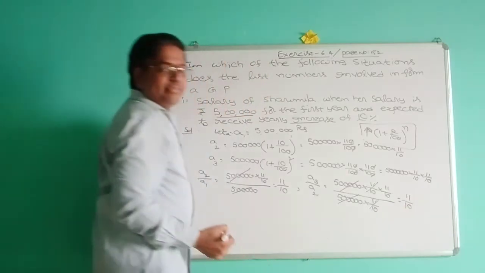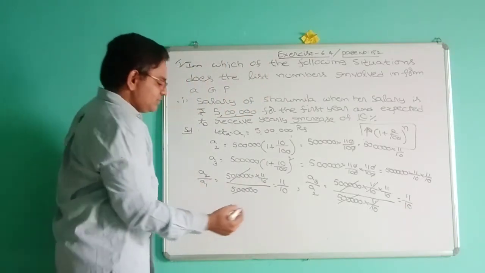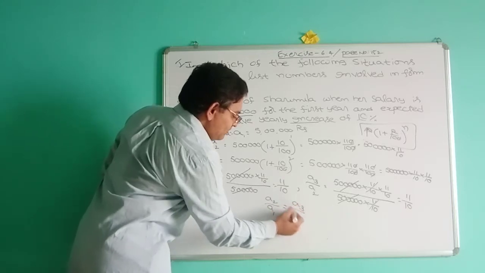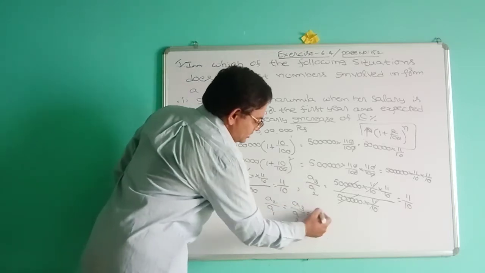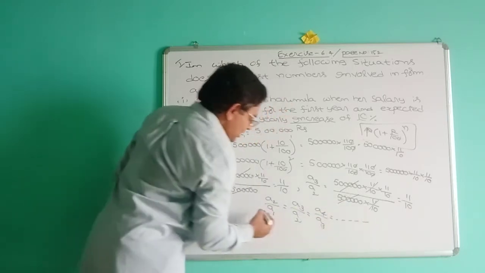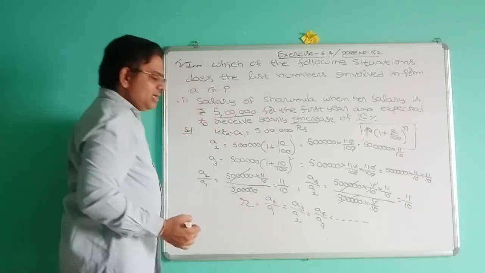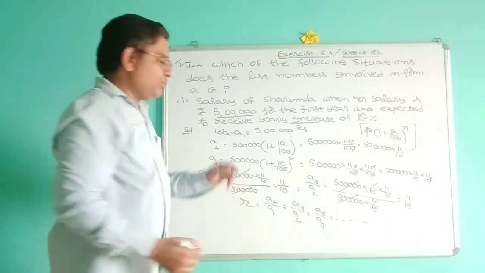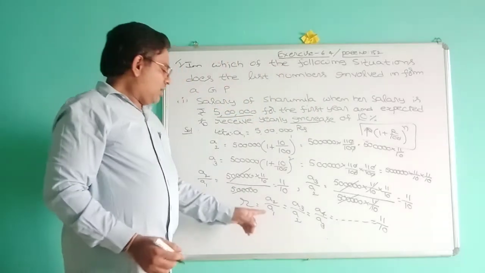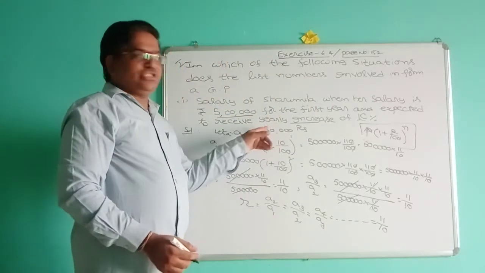11 by 10. Here what you observe is that A2 by A1 equals A3 by A2. You find A4 by A3, and it goes on. What is it indirectly meaning? The common ratio equals 11 by 10. So the common ratio is fixed in this situation.